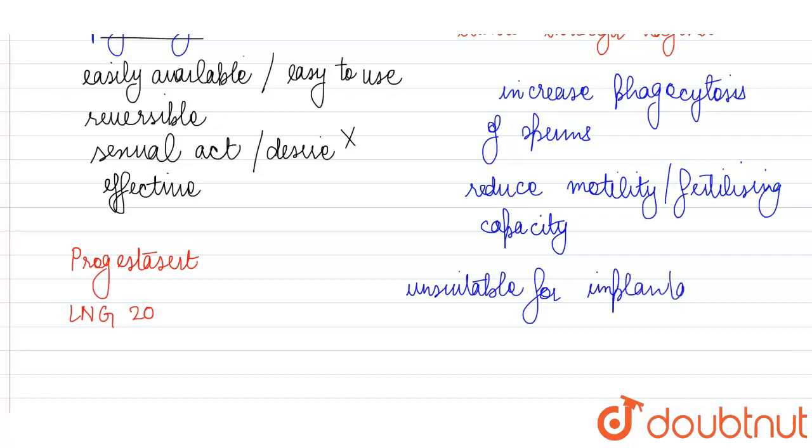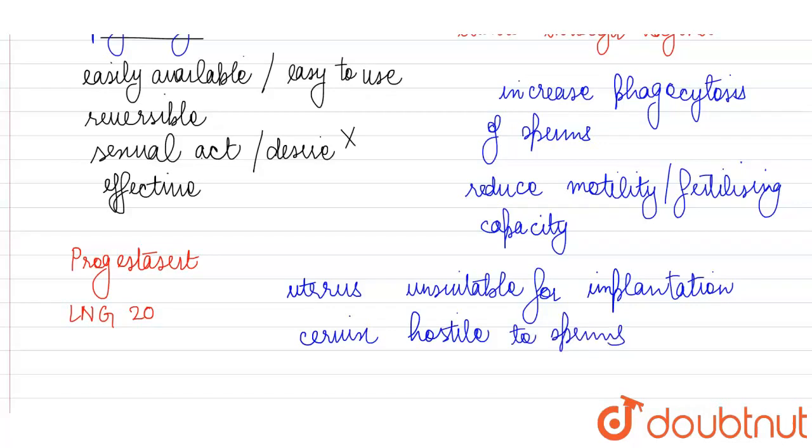Even if the embryo is formed, even if the male and female gamete fuse with each other, still the fetus will not be able to implant itself in the uterus, because uterus becomes unsuitable for implantation, and even the sperms will not be able to show vigorous motility because the cervix becomes hostile. They are not going to be able to swim through the cervix.